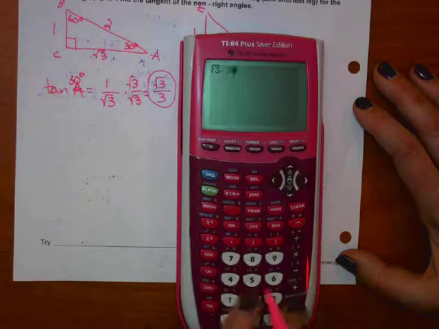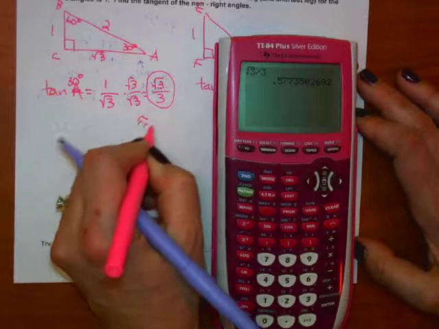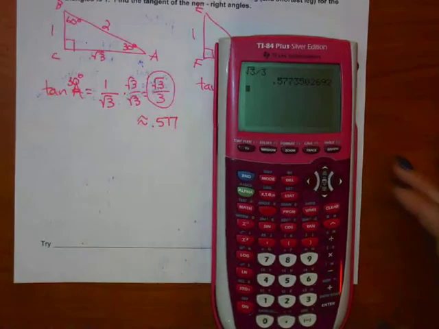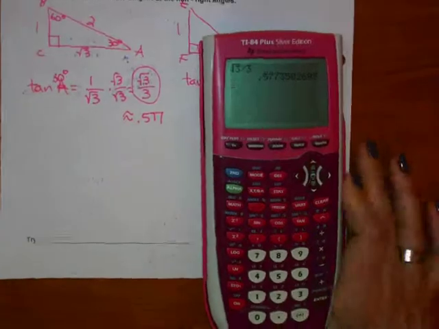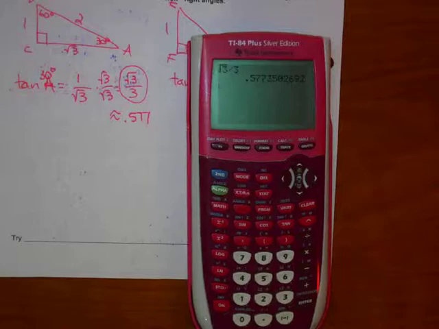It's approximately 0.577. Now use the tangent button and see what the tangent of 30 is. Look at that, it's the same thing. Almost done, we have to do 60 degrees.